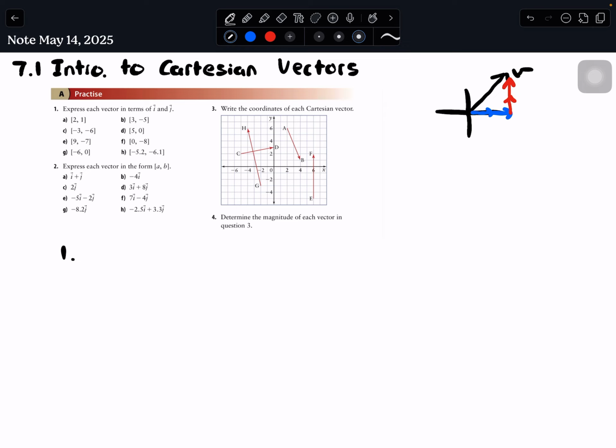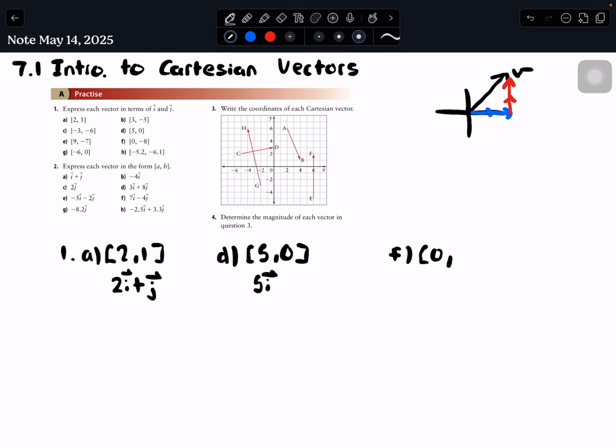So let's begin. For 1, I'll do A. 2, 1. That can be expressed as 2i plus j. Make sure to add the vector symbols. Let's do D. 5, 0. That can be expressed as 5 lots of i plus nothing of j. Let's do F. F is 0, negative 8.